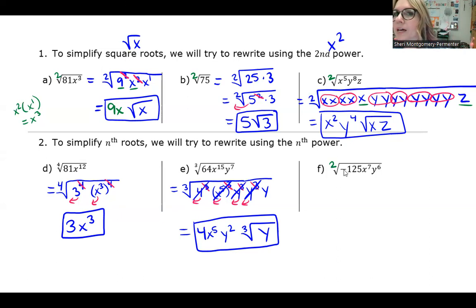F. F is a trick question. Can you take the square root of a negative number? No, you can't. You cannot take the square root of a negative number.